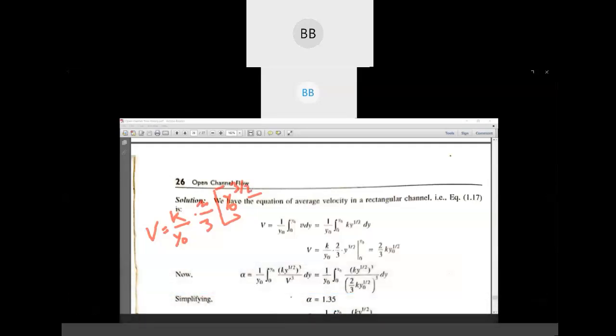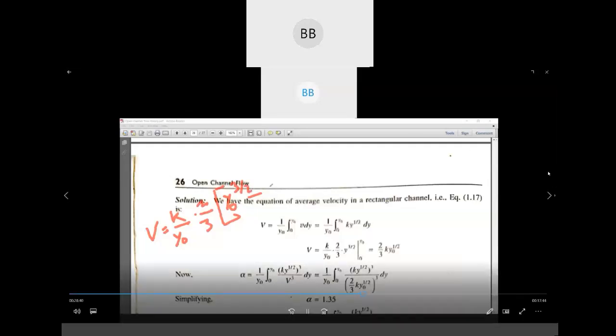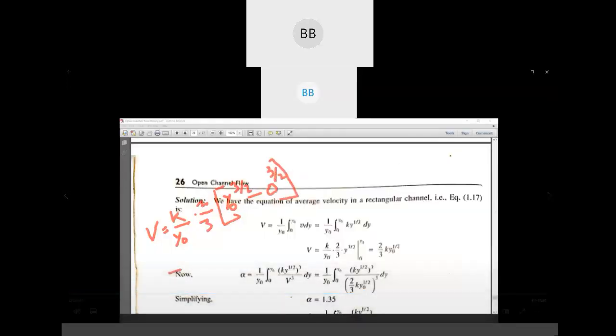So y naught to the power 3 by 2 minus 0 to the power 3 by 2. So this gives you k divided by y naught multiplied by 2 by 3 multiplied by, as this will be 0 to the power 3 by 2, it's 0. So what will be remaining, y naught to the power 3 by 2.